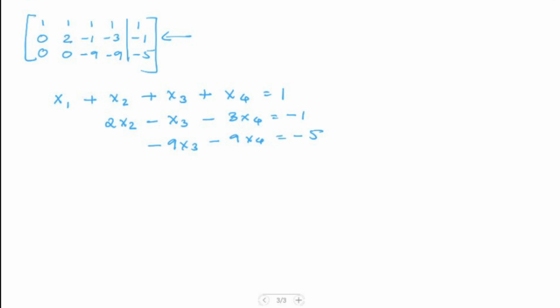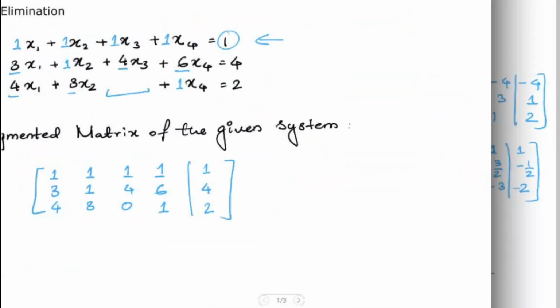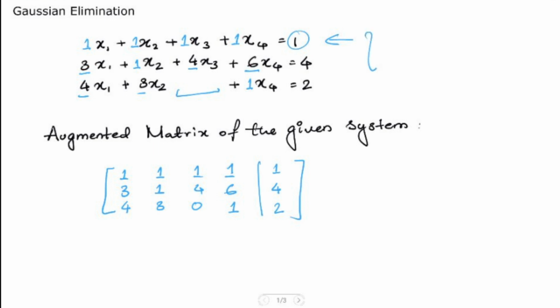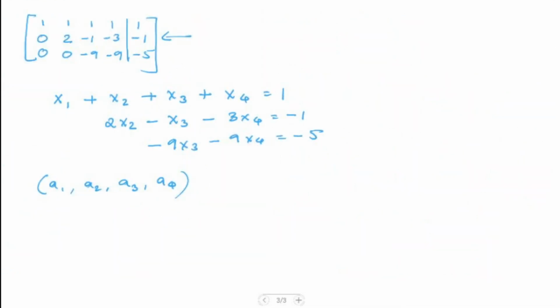Now, what you need to understand is that if we have a point A1, A2, A3, A4, and this point is a solution for the first linear system, the linear equations, then it is also a solution to this last system.